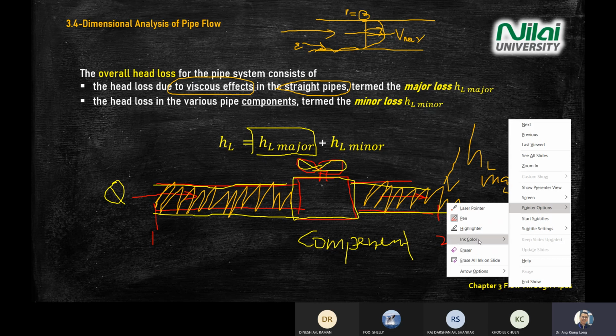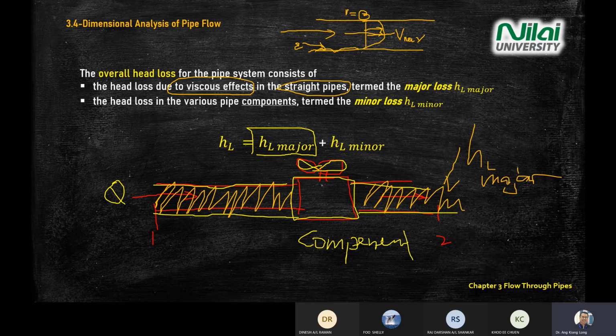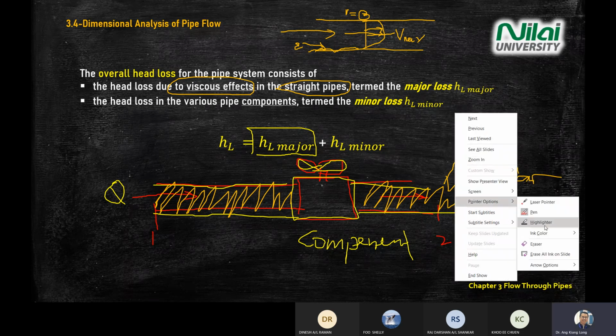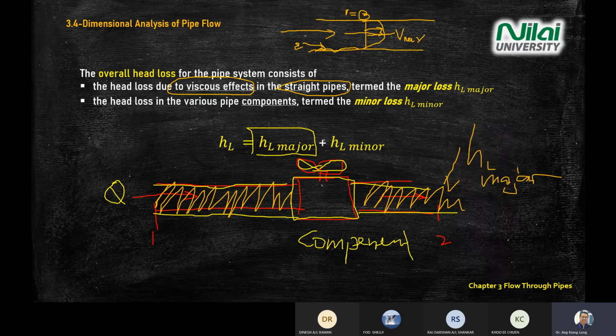However, for minor, make sure you get this idea, you understand this idea, then you have no problem solving the major minor question. So for HL minor, it's more on the component. For example, this diagram here, this is the component that is used to stop or to channel the flow from left to right.